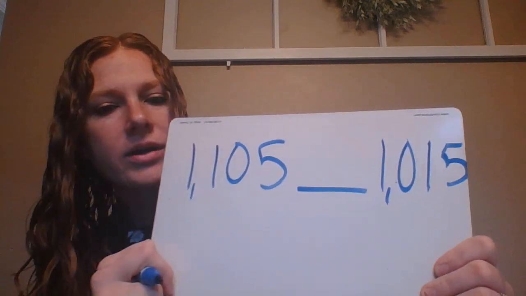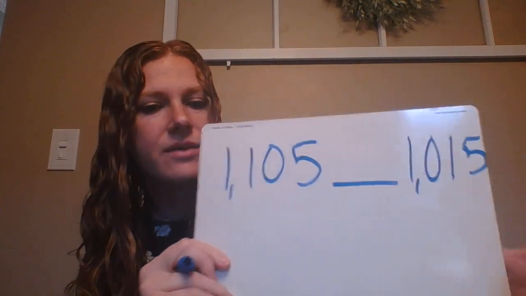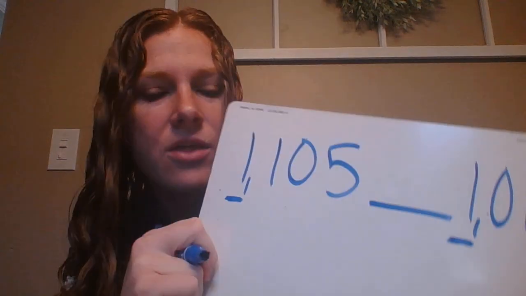Our next problem is 1,105 and 1,015. Once again I look to the furthest left digit on both, and both are in the thousands place, and they're both ones.